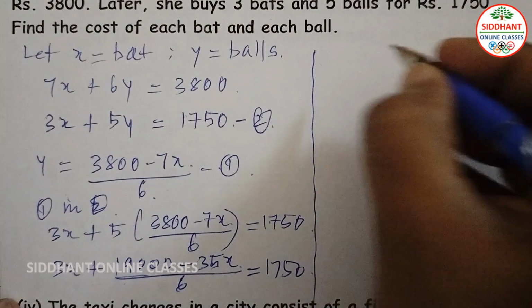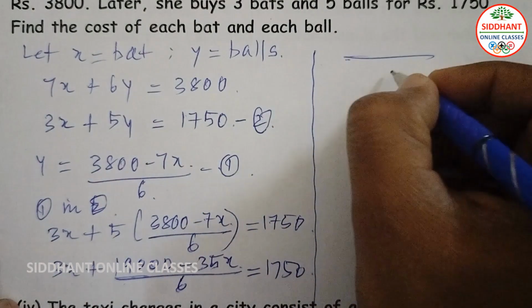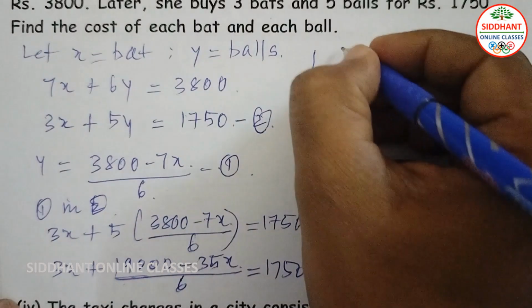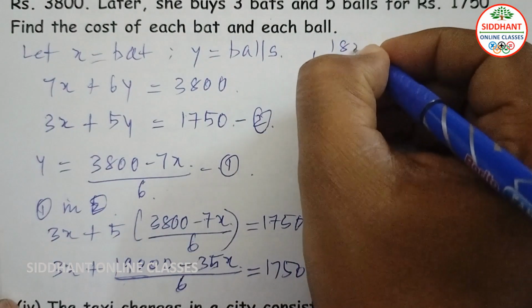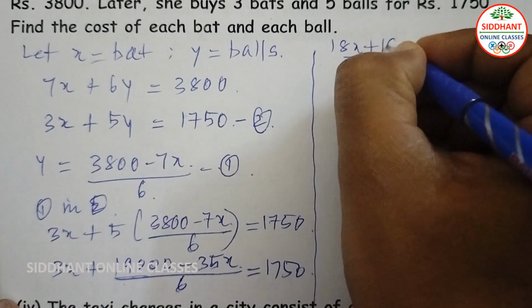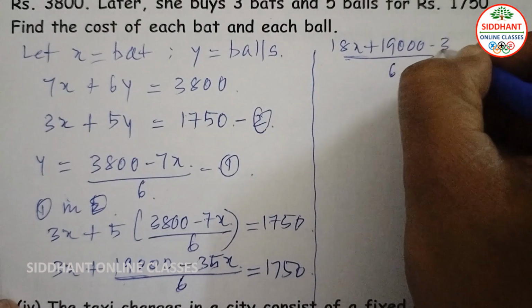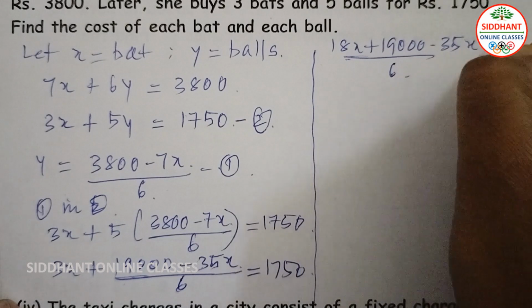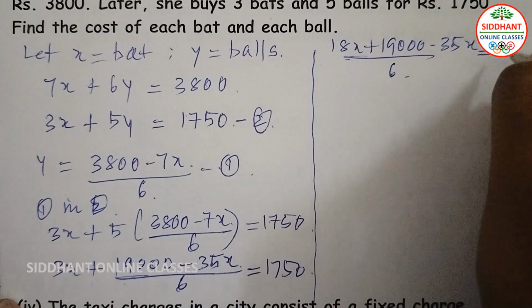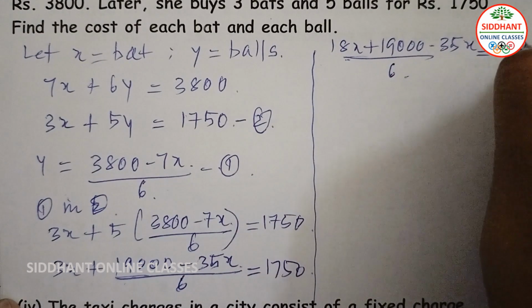So now taking the LCM here, so here 18x plus 19,000 minus 35x, that will become 1750 here.